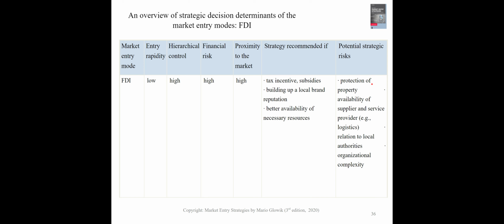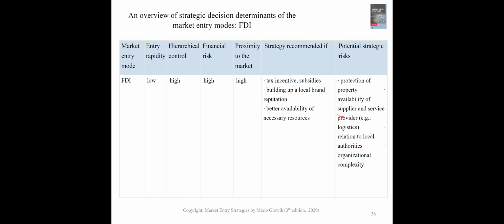There's another potential strategic risk: that the protection of our property should be secured. The investment capital in the foreign target country should be safe, and that means that we also should consider, when evaluating the entry mode of foreign direct investment, whether we have in our target countries an appropriate availability of suppliers, for example.